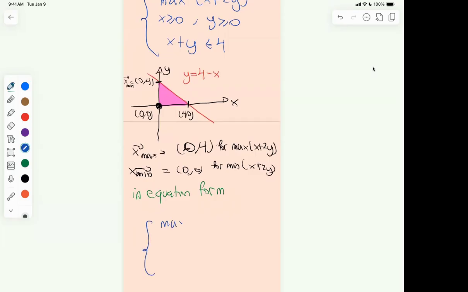We have the max of X plus 2Y, and then X plus Y plus Z is exactly 4, right? And then X is greater or equal to 0, that doesn't change, Y is greater or equal to 0, and Z is greater or equal to 0, right?